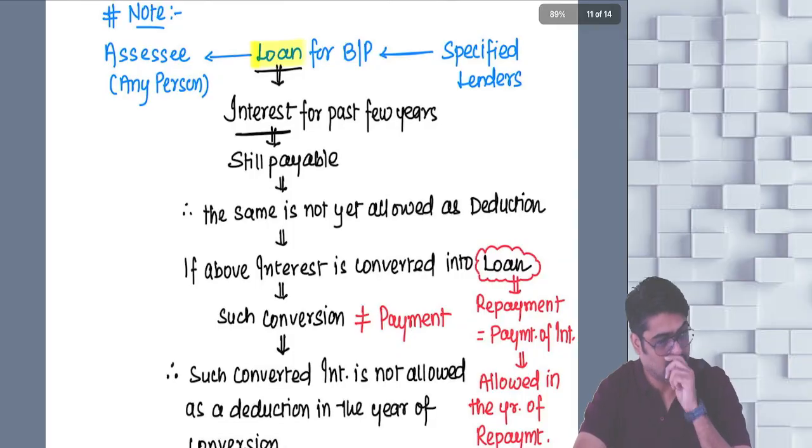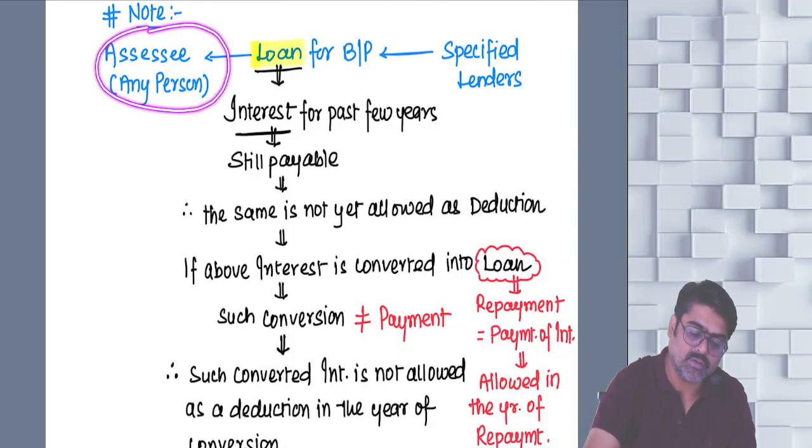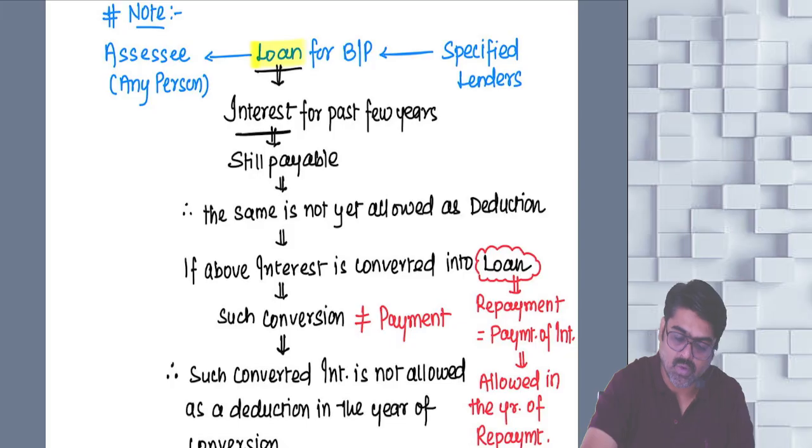Okay. See, if you are an assessee, you have taken a loan from specified lenders. On that loan, some interest was payable. For the past few years, the interest was not paid. So tell me, first question, did you get the deduction for this interest?